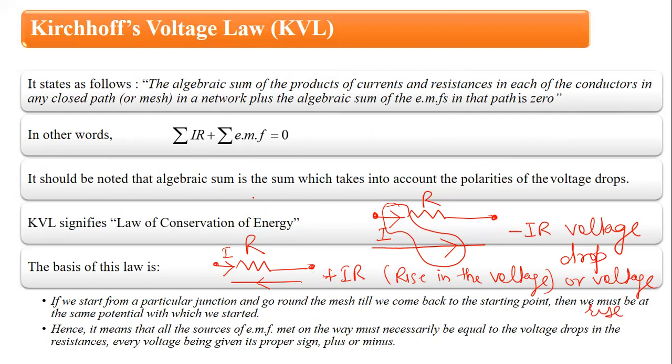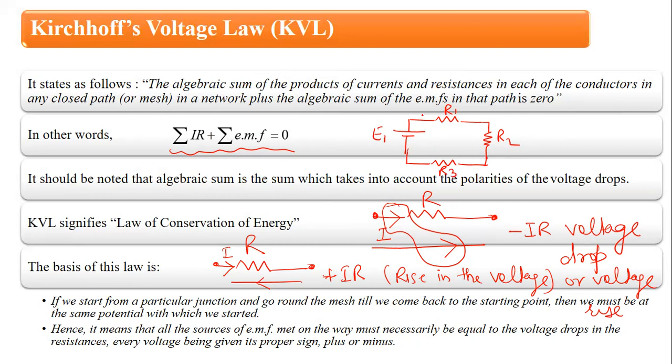Okay, now let us understand this concept here. Now, what is KVL? Let us again take one voltage source or EMF source here, let us say E1, then one resistance here, R1, one more resistance here, R2, and one more resistance here, R3.